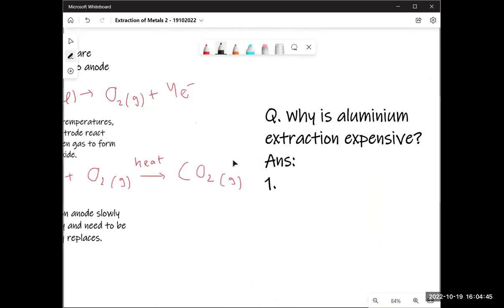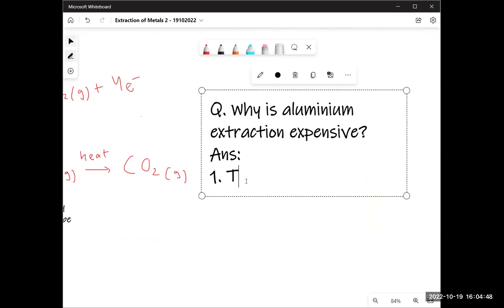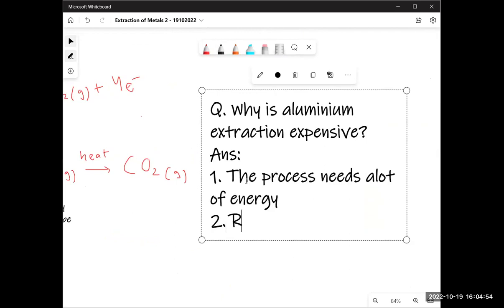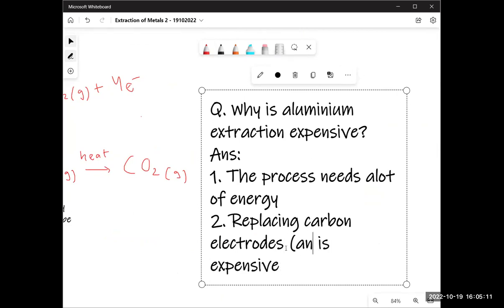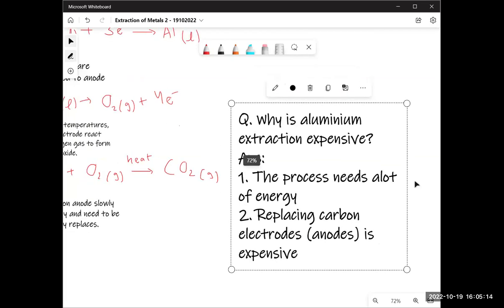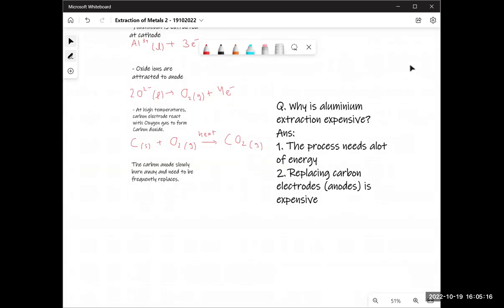Now over here, all you have to do is write: the process needs a lot of energy. Replacing carbon anodes is expensive. It's expensive. Done. Now we'll start from the beginning.